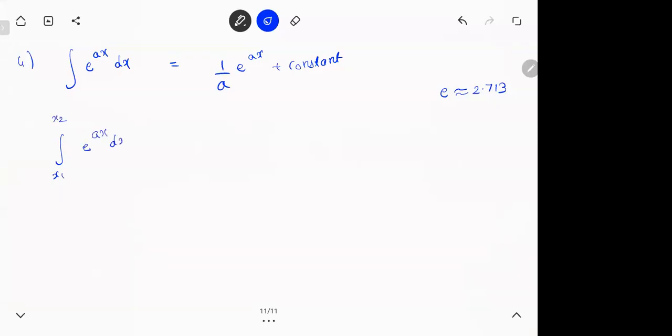With limits, it's going to be... and the last one, 1 by ax plus b dx.